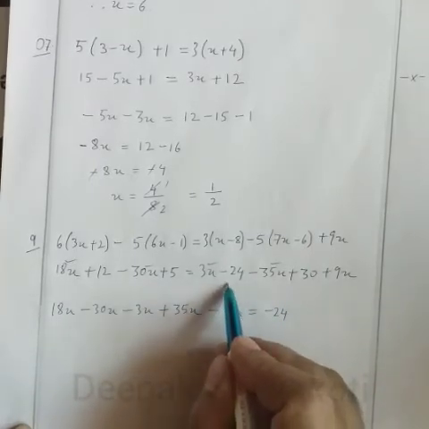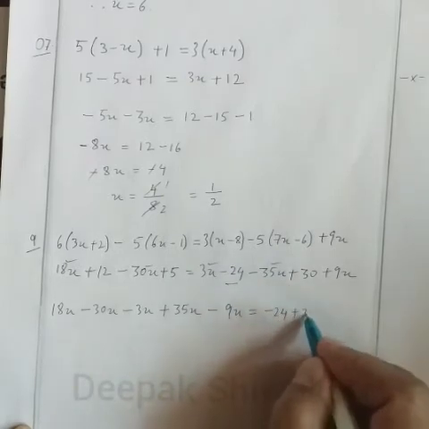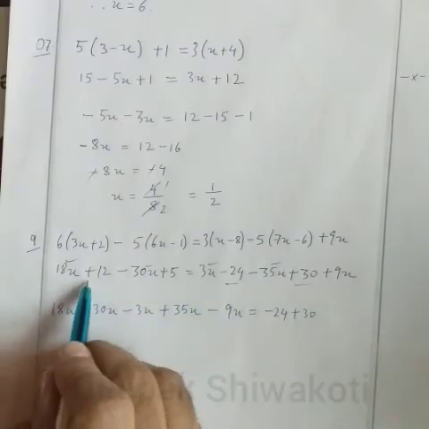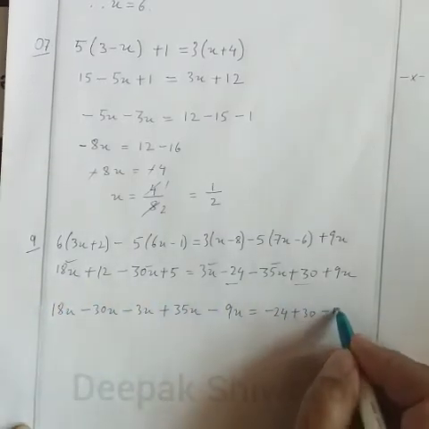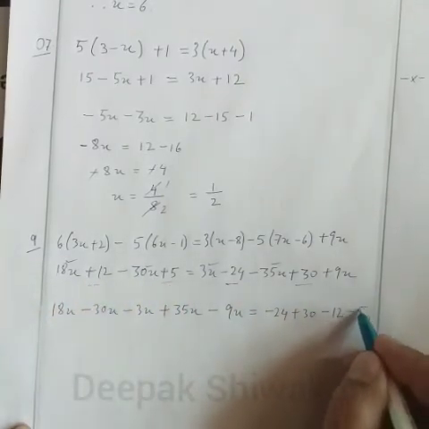Okay, this minus 24 and plus 30, and then from here plus becomes minus 12, from here minus 5.